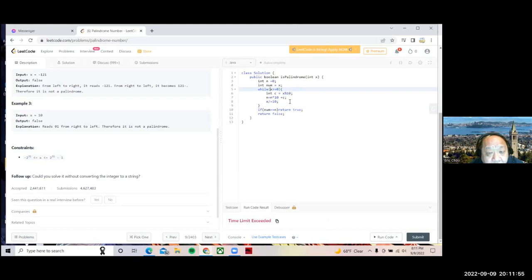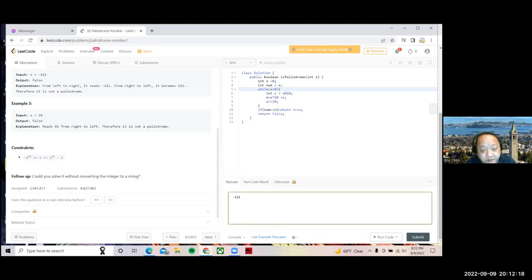No equal zero, okay? Equal zero, you will take longer time. You divide by 10, eventually you become zero. Okay, but you did not. This is only one case.